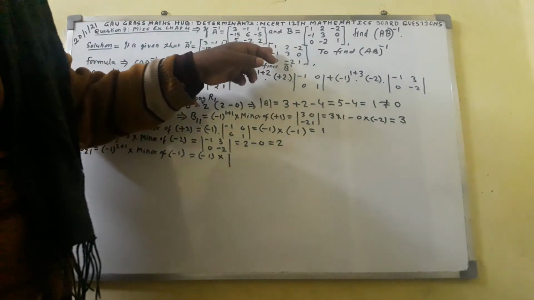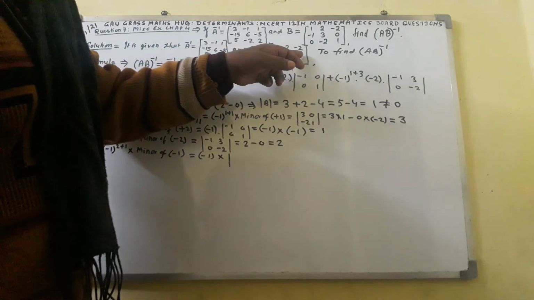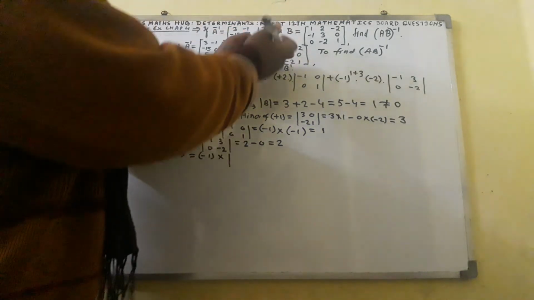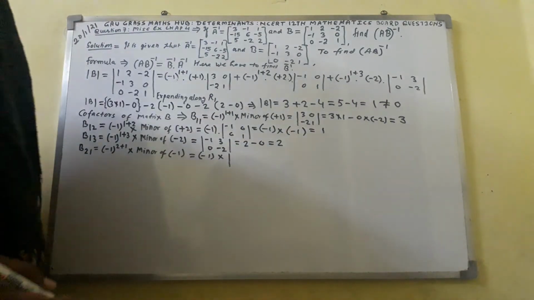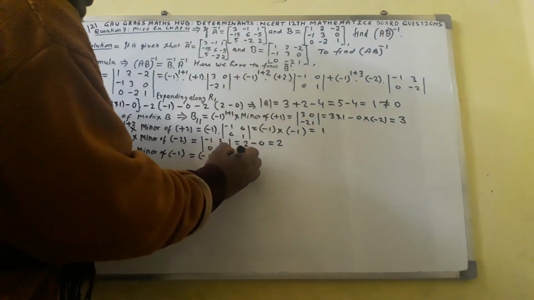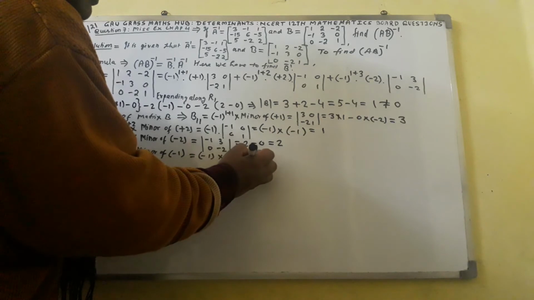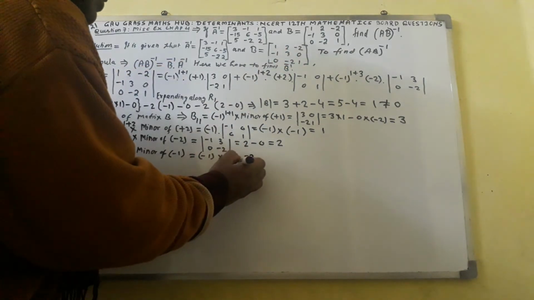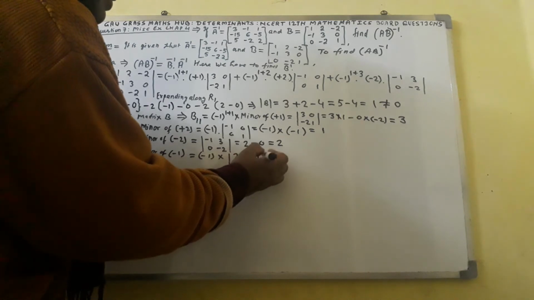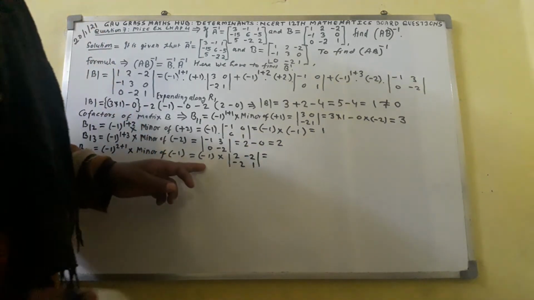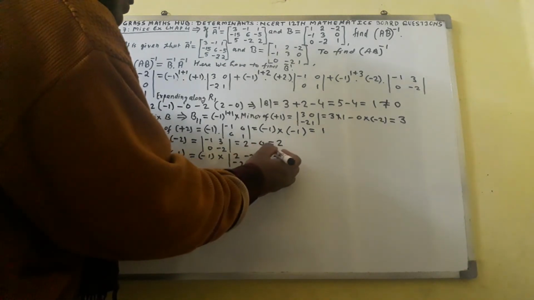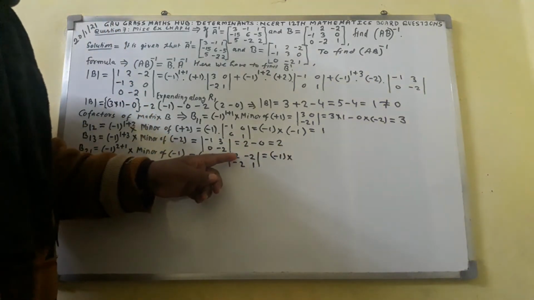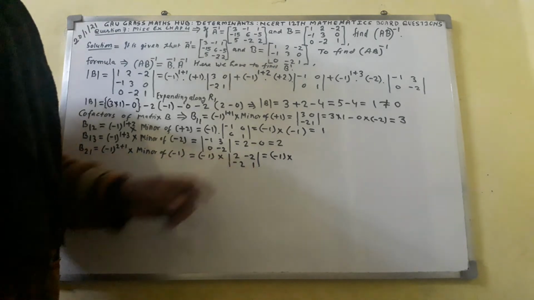The -1 is there in second row and first column. The second row and first column will be hidden. You will get the minor as 2 -2, -2 1. Now what we will do here? -1 will remain there into elements of principal diagonal 2 and 1 will multiply together.